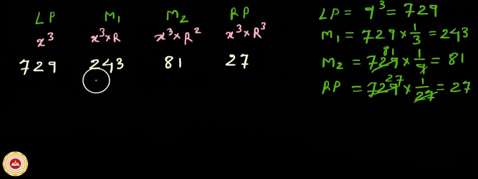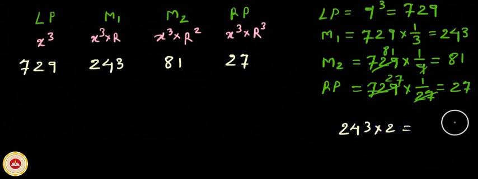Now let us multiply middle part 1 by 2 and write the answer below 243. Middle part 1, 243 multiplied by 2 is 2 3s are 6, 2 4s are 8 and 2 2s are 4. 486.